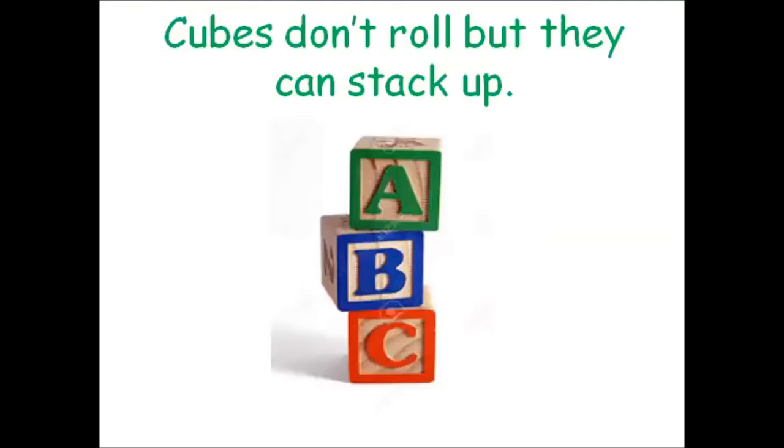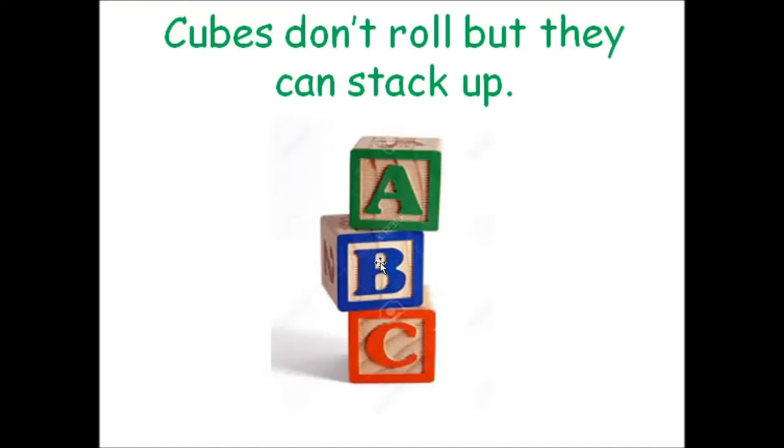Take a look at this picture here. Now, a cube cannot roll because of its shape, right? If I take a cube and I try to roll it on the ground, it's not going to roll, right? But here's what we can do with a cube. I can take one and put on top the other like this. And I can stack them up, like if I'm building something.